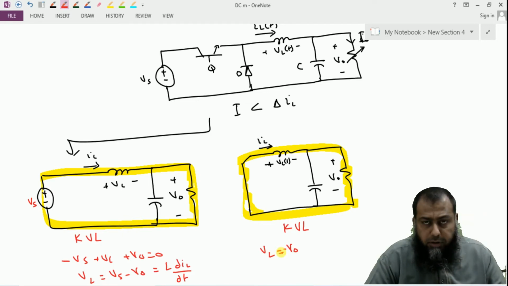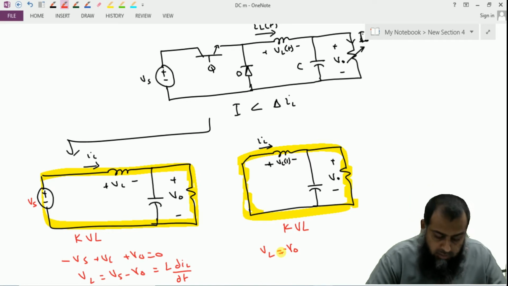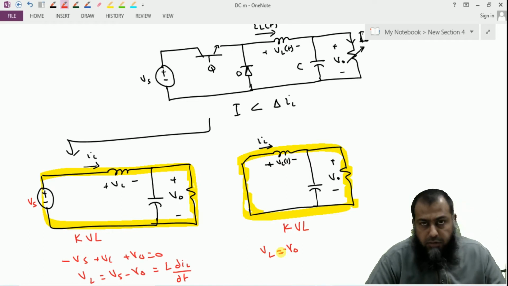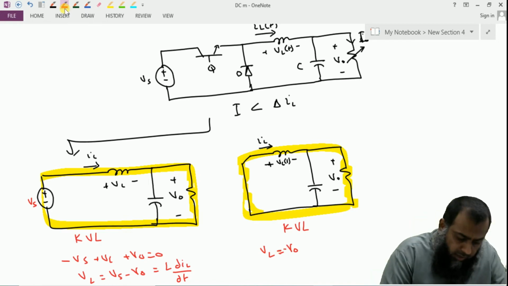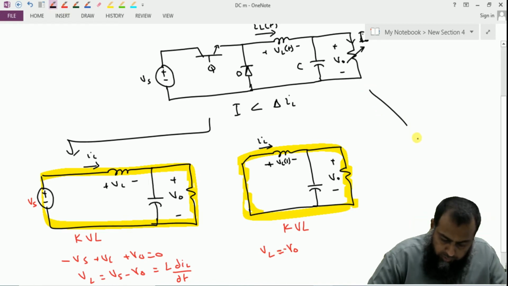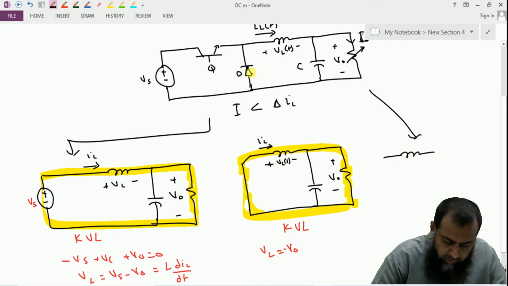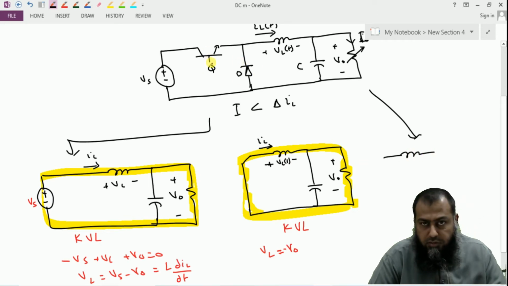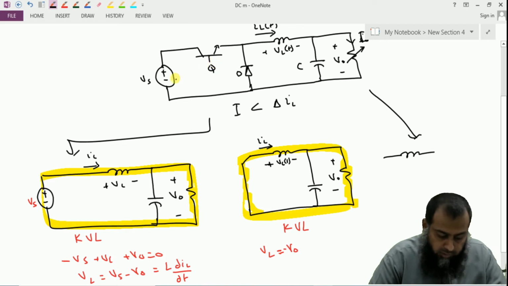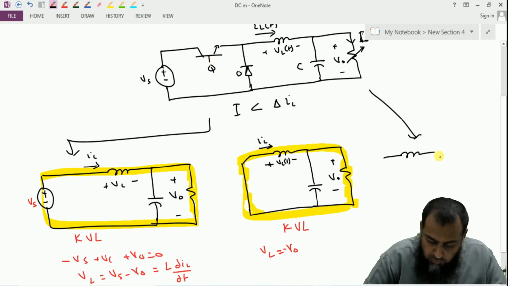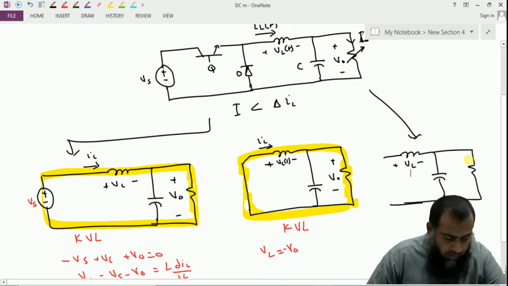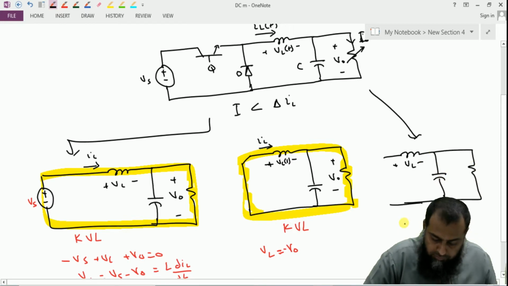In the DCM operating condition, the third interval is the interval when the inductor current becomes equal to 0. When the inductor current becomes equal to 0, we have another circuit where this inductor is now in open circuit. Neither this diode is conducting nor do we have this switch Q connected with this Vs. So therefore, this is the circuit during the third subinterval, and this VL becomes equal to 0, right?